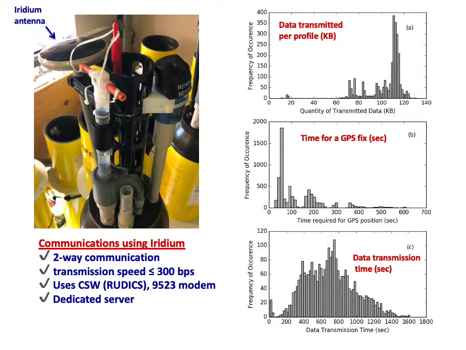And the total time to transmit all the data is on the order of 10 or 12 minutes, 600 or 700 seconds typically. So all told, we're on the surface about 15 or 20 minutes per profile, which is a big improvement over the old Argos system that took between 8 and 12 hours.